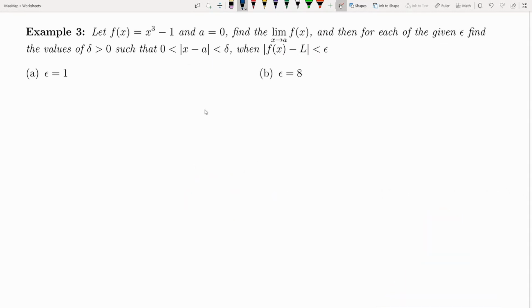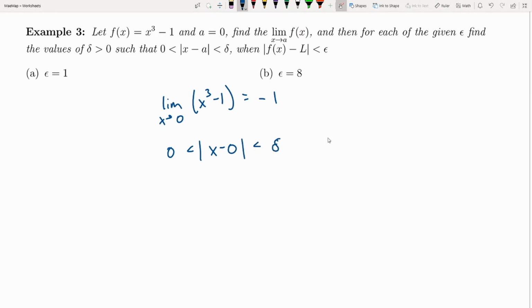So let me go ahead and rewrite what we just talked about really quickly, and then I'm going to show you another method to use before we jump into the graphing method. So we knew that the limit of our function x cubed minus 1 as x approaches 0 is equal to -1. That's how we got that 0 is less than the absolute value of x minus 0, which is less than delta.